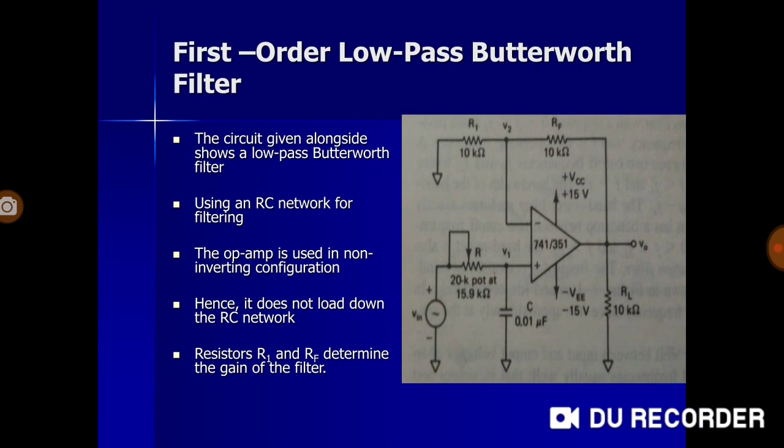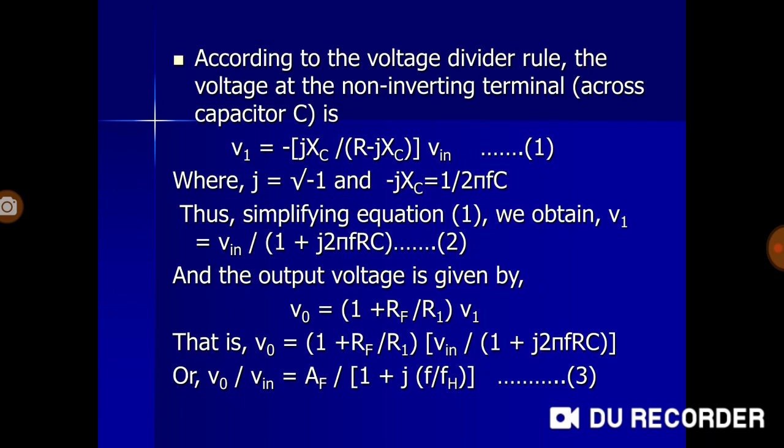So this is there. Now let's find what exactly is the expression of output voltage for this kind of filter. According to the voltage divider rule, the voltage developing at the non-inverting input terminal is the voltage developing across the capacitor that we saw in the circuit. So V1 is equal to minus jXC by R minus jXC times Vin.